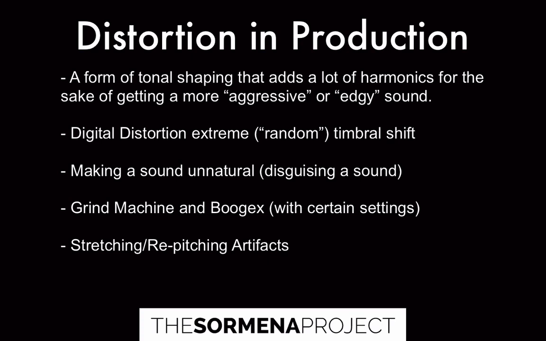But that's an example of distortion in production. You're taking an original sound and you're hiding it and masking it in such a way where you can't tell it's the original. And so the two processors that we've mostly been focused on here would be the grind machine and the PTEQ-X when we really push the PTEQ-X very hard. That would be distortion in production.